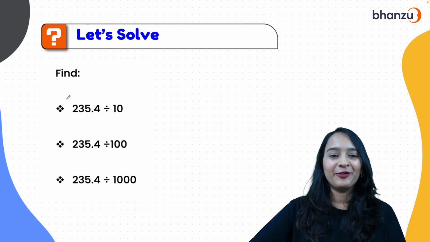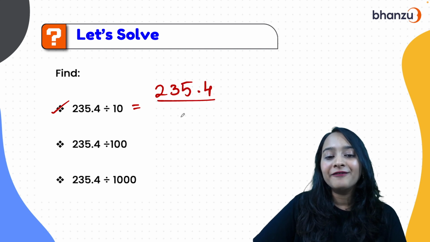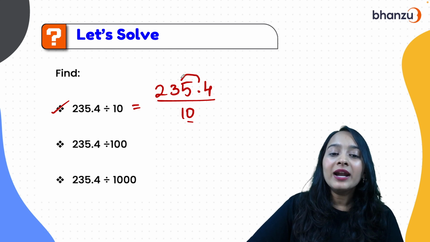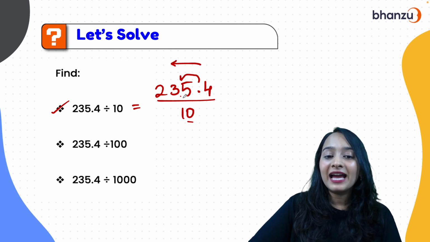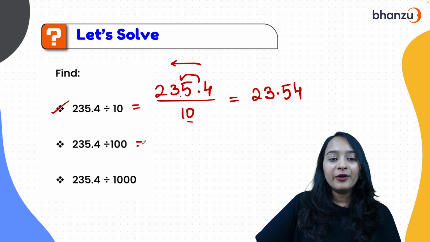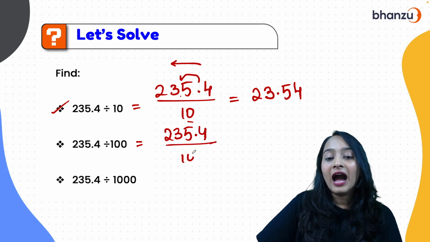Let's quickly solve a few questions. Now here you have 235.4 divided by 10. There's only 1 zero. So we will move the decimal 1 place towards the left side. So it's going to become 23.54. Now here, 235.4 by 100.